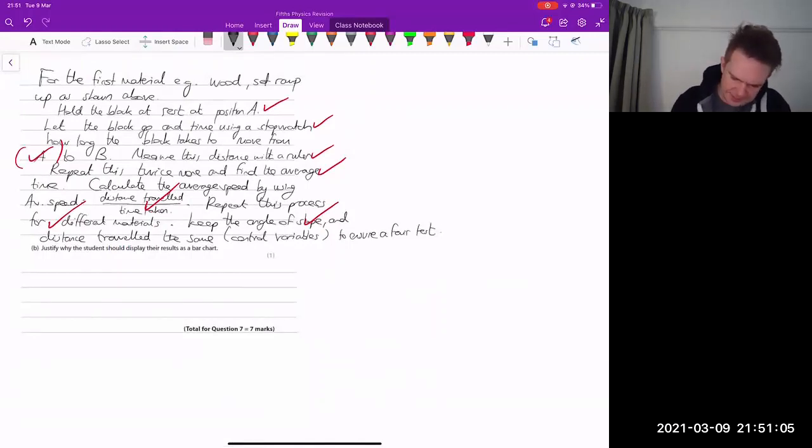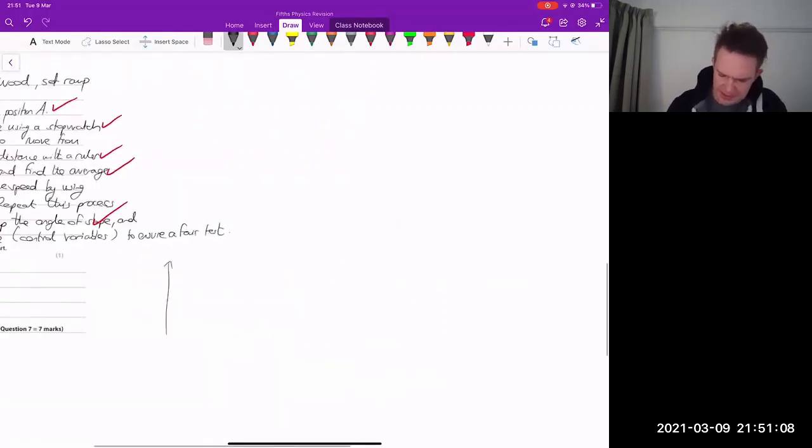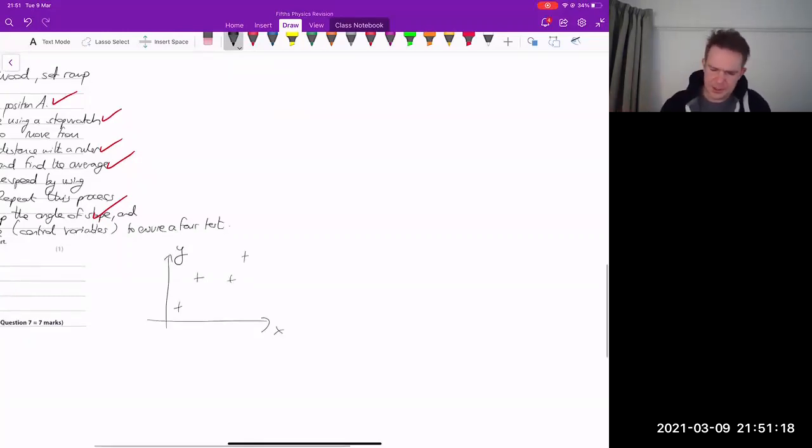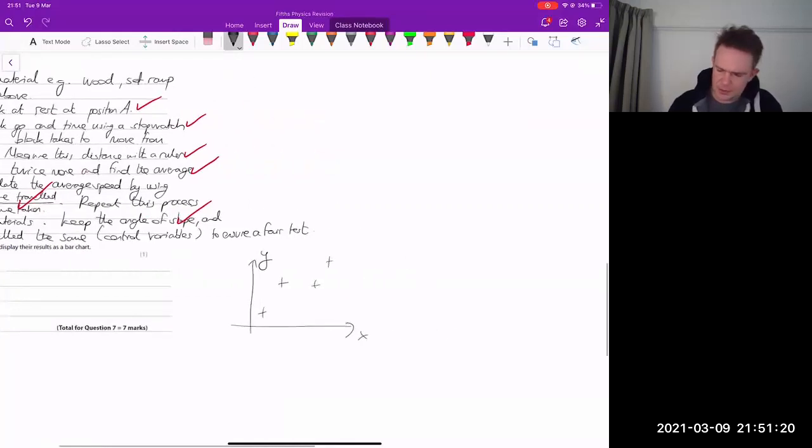So it doesn't really suit, for instance, a scatter plot. You'd only use a scatter plot if you have 2 variables which are continuous, so force and extension, or current and voltage. For something which is categoric, or described by words, so plastic, wood, that's why in this case you'd use a bar chart.